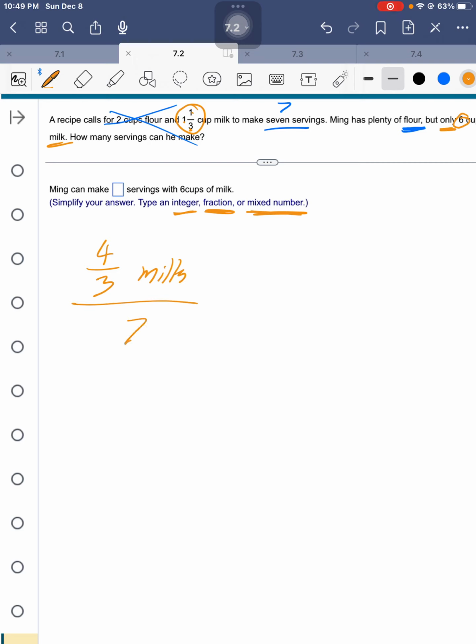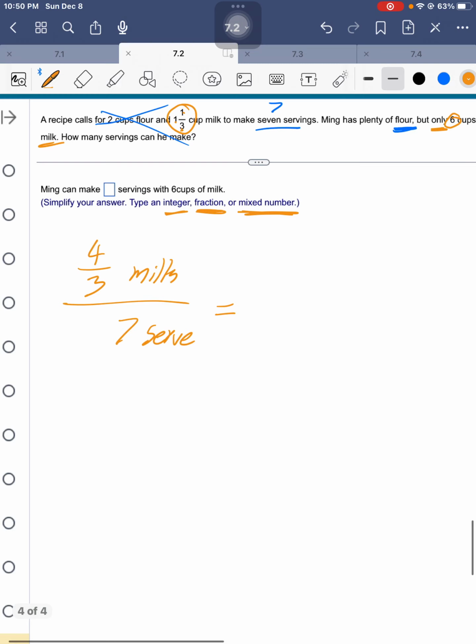Let's put milk over 7 servings. So if I have 6 cups of milk, how many servings could I make? How many servings? Let's find that out.